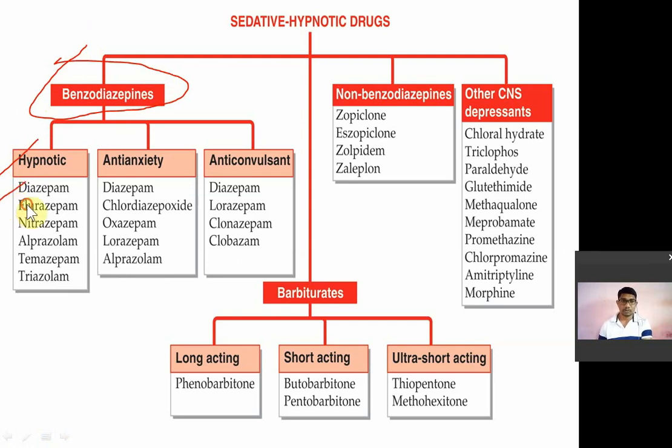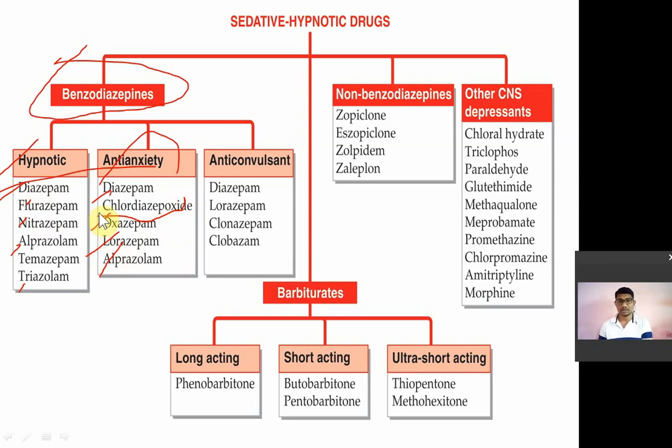Diazepam, flurazepam, nitrazepam, alprazolam, temazepam, and triazolam. Now anti-anxiety benzodiazepines are utilized for relieving anxiety and fear: diazepam, chlordiazepoxide, oxazepam, lorazepam, alprazolam. Remember, out of these, chlordiazepoxide was the first member of the benzodiazepine family, accidentally discovered and introduced in 1903.